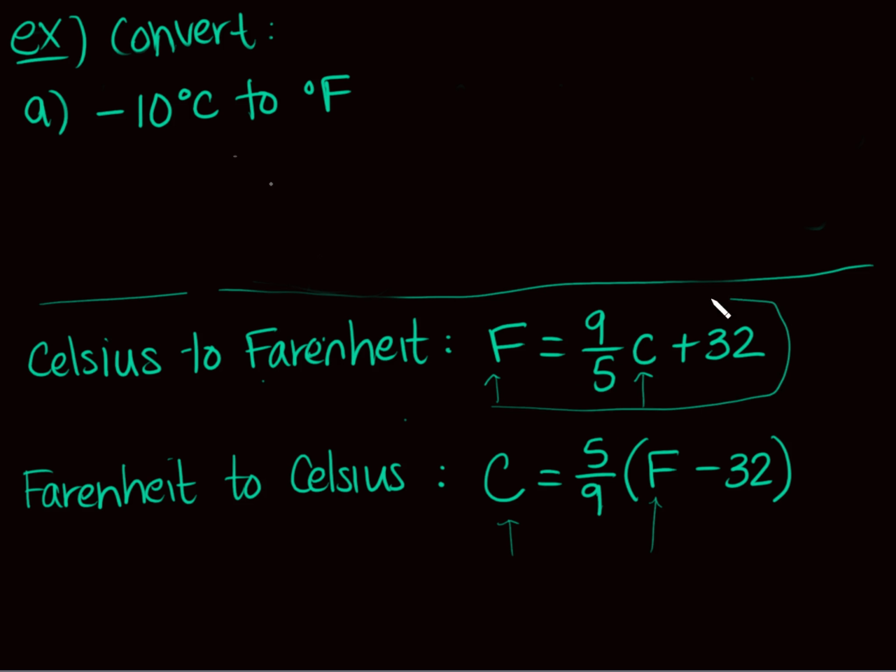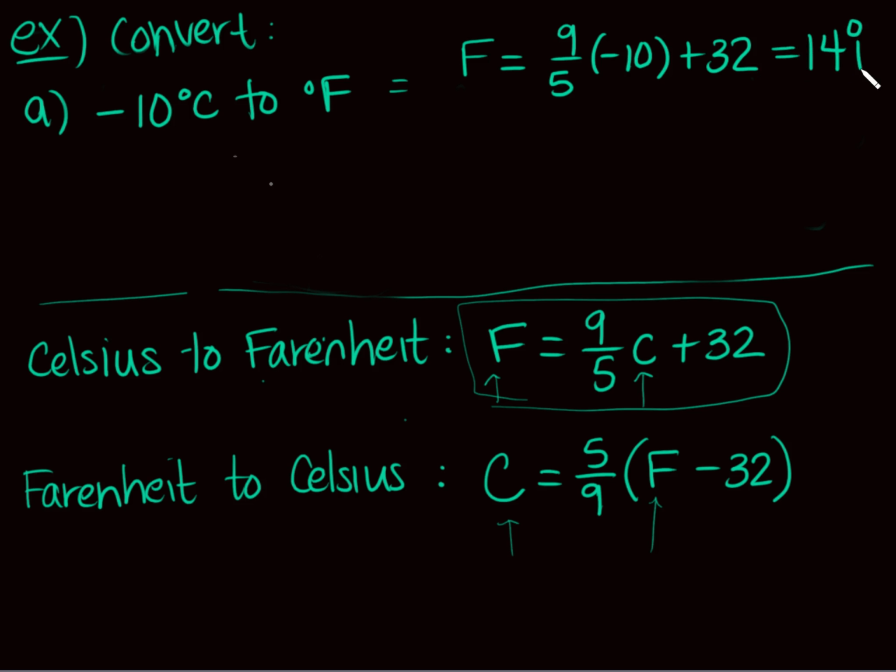I'm going to take this top equation here, because if I plug in C, which is what I know, it spits out F. So F equals 9/5 times negative 10, plus 32. You can put this into your calculator: 9 divided by 5 times a negative 10, making sure you use the negative key and not the subtraction key, plus 32, and we get 14 degrees Fahrenheit. Okay, so negative 10 degrees Celsius is about 14 degrees Fahrenheit.